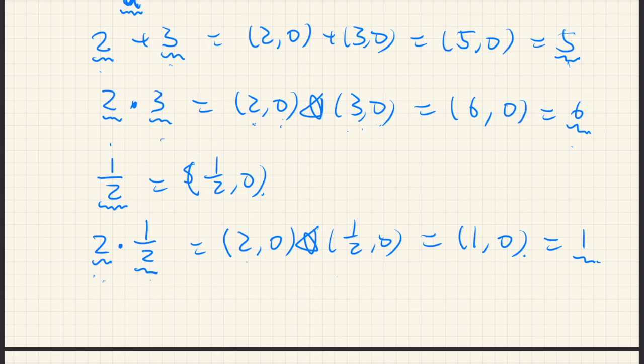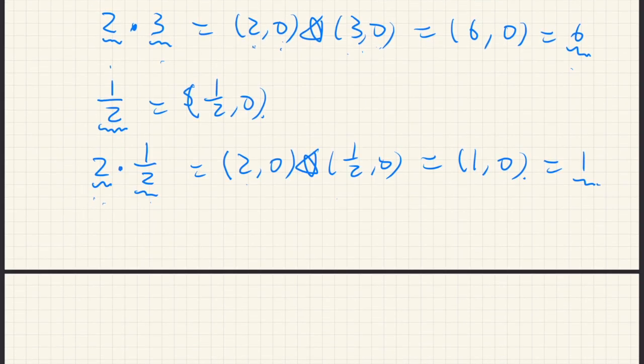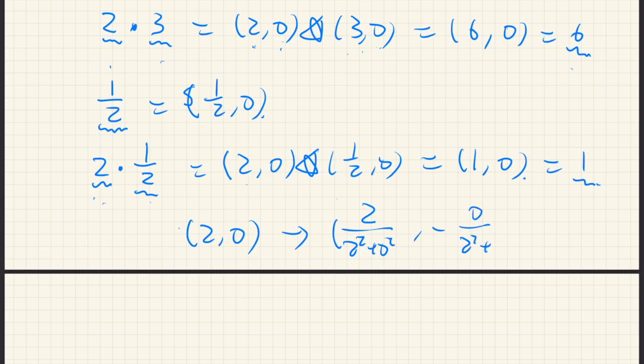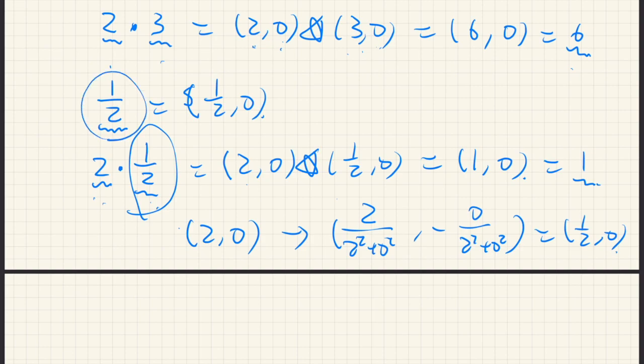And according to our definition of multiplicative inverse, for (2, 0), its inverse is given as (2 over 2 squared plus 0 squared, minus 0 over 2 squared plus 0 squared), which is actually (1/2, 0), this. So indeed, this is the multiplicative inverse of 2.